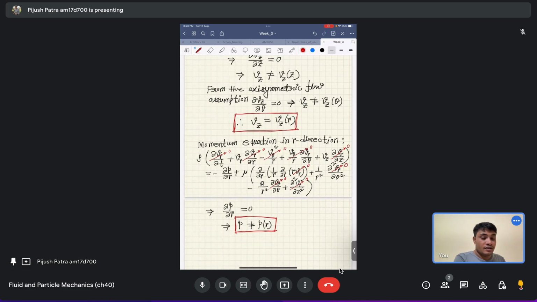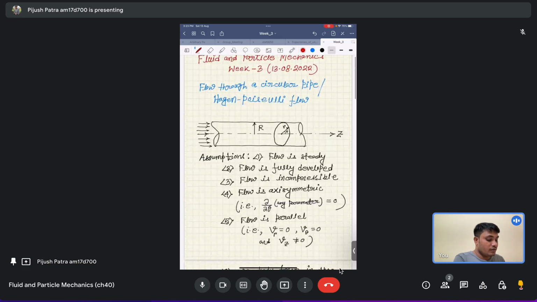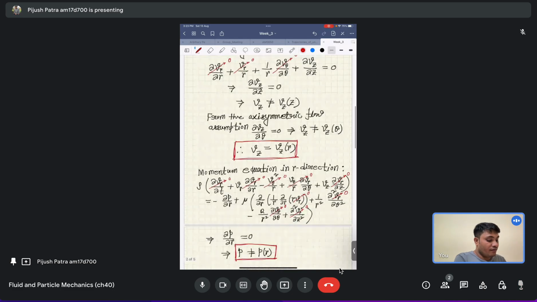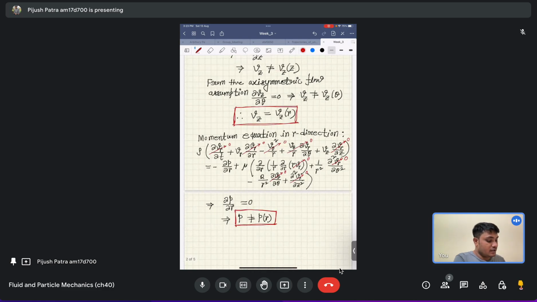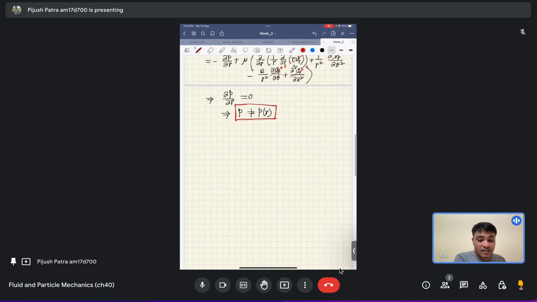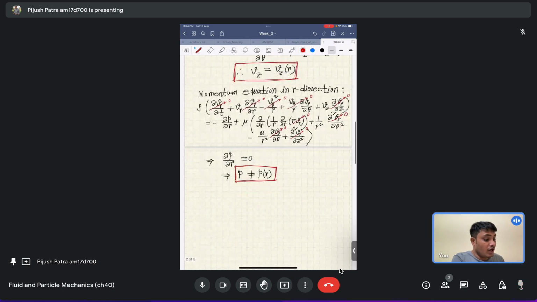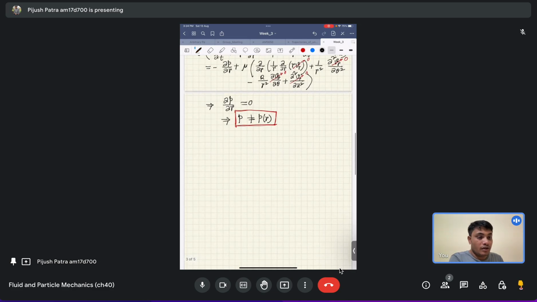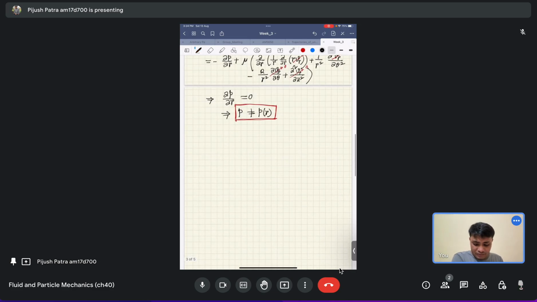One is that velocity along the z direction, along the length of the pipe, is a function of r only, and the second is that the pressure is not a function of the radial coordinate r. That is so far from the r momentum equation. Now let us write down the momentum equation in theta direction.